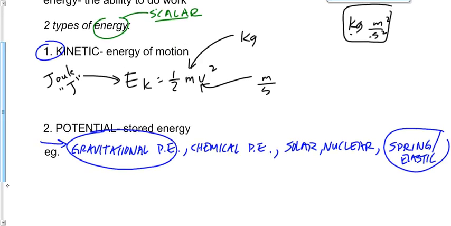Hey, here's a quick question. What affects the kinetic energy of an object more? What matters more? How heavy the object is or how fast the object is moving? They make bullets now, these high velocity bullets.